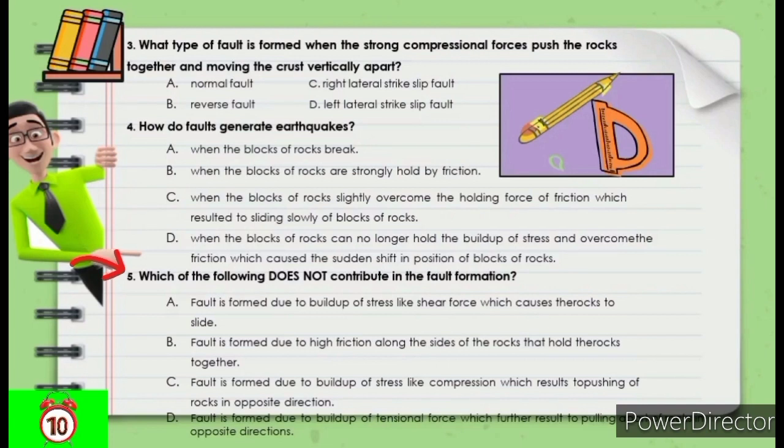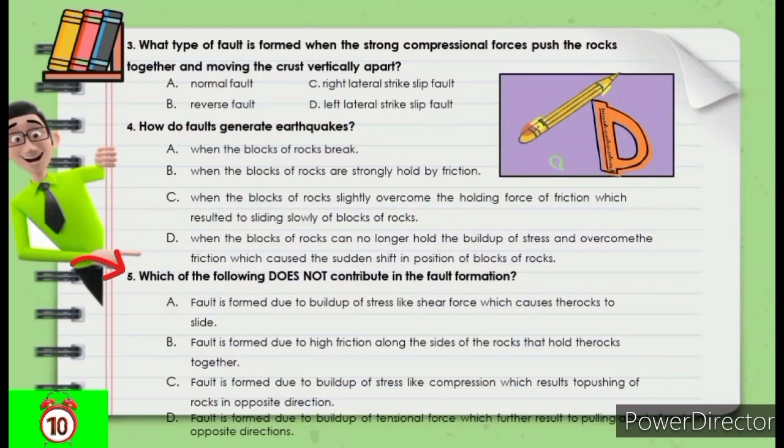And number 5, which of the following does not contribute to the fault formation? Choices: A, fault is formed due to the buildup of stress like shear force which causes the rocks to slide. B, fault is formed due to the high friction along the sides of rocks that hold the rocks together.